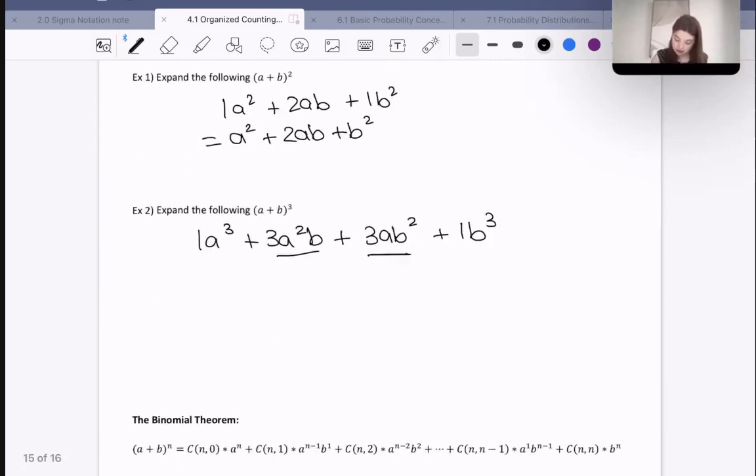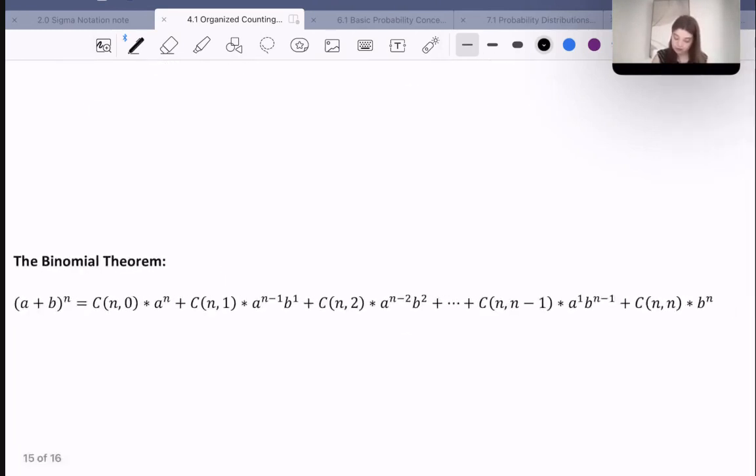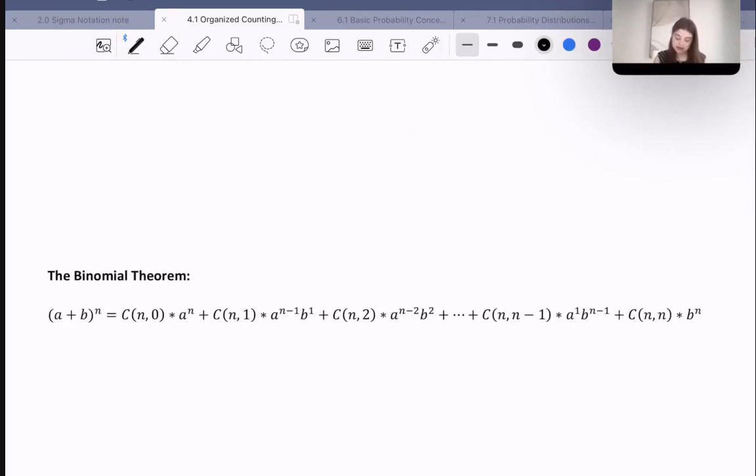Now let's talk about the general binomial theorem, right? So how would we write it out? We would say that a plus b to the power of n is equal to the combination of n comma 0 times a to the power of n, plus combination n comma 1 times a to the n minus 1, and the next term b to the 1, and then the next term is a coefficient times a to the n minus 2 b squared, and so on until we eventually get to b to the power of n.